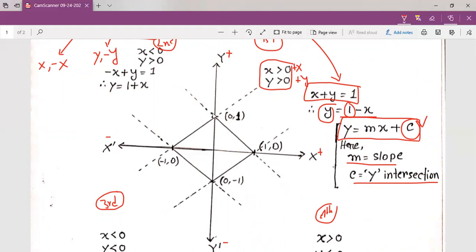So now we put the y intercept here, plus 1, right? We get the value of c equal to plus 1, so this will be around here. Now we have to take some value of x. Let's say, for example, x equal to 1.